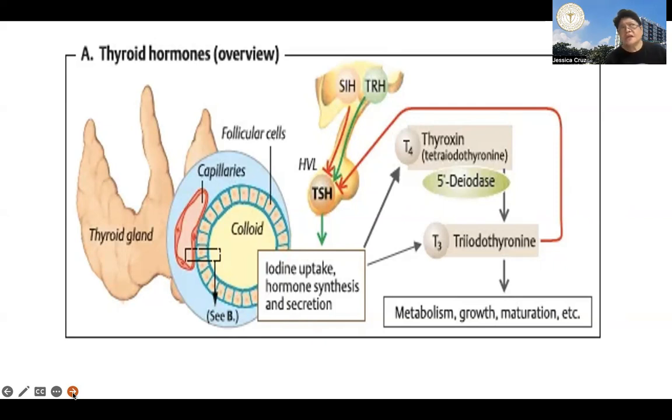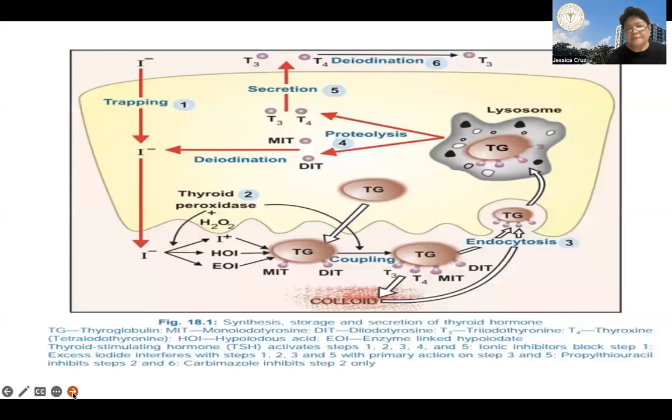It is said that the adult daily requirement for iodine is about 150 micrograms, but this is increased in conditions of pregnancy and lactation and during childhood, where there is significant growth and development.